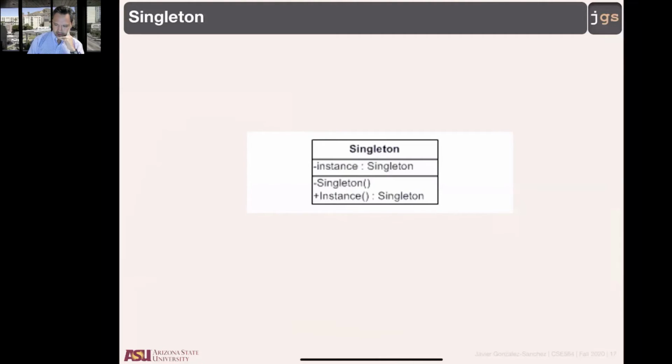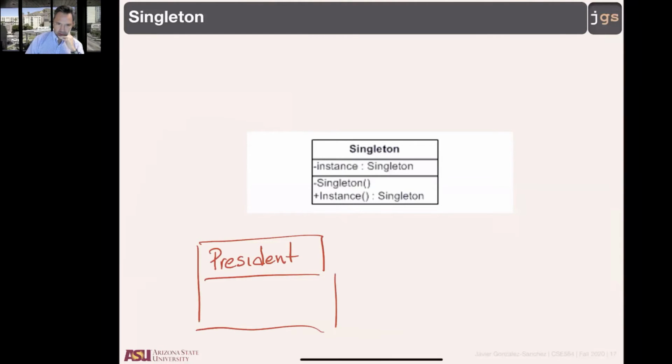Like I have this class president. And I want only one president in the university. One and only one. So I am going to have the class president, but I am only allowing one to be created. In my system, I am going to have a conflict if I have two president objects.